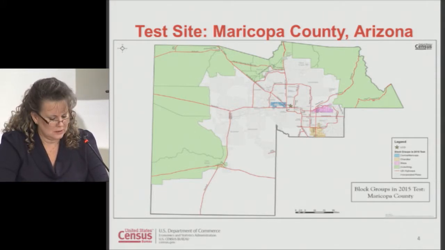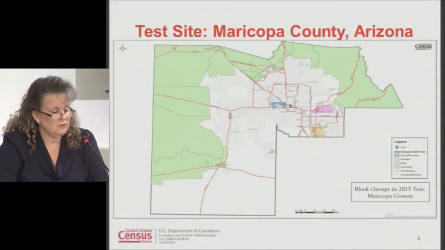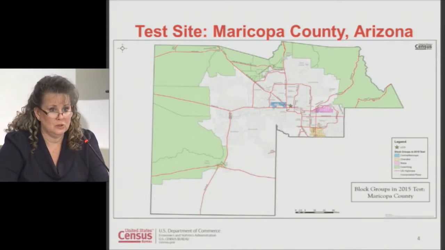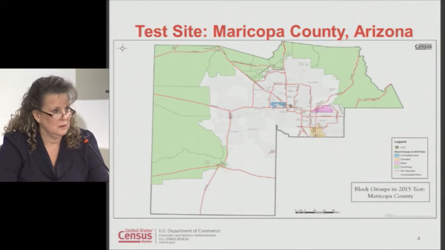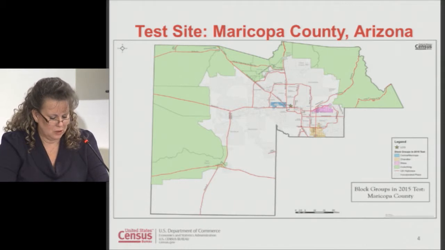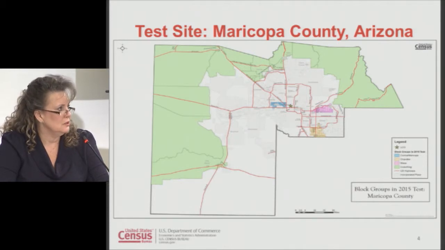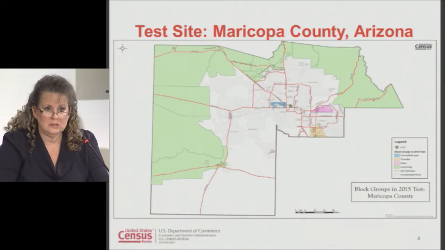The sample block groups for the test were identified based on this diversity of socioeconomic characteristics. The block groups in Maricopa, or Central Maricopa, shown in blue, were selected for their high concentrations of both vacant housing units and Hispanic populations.